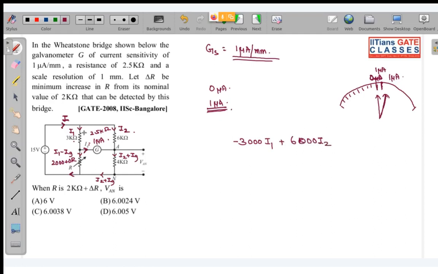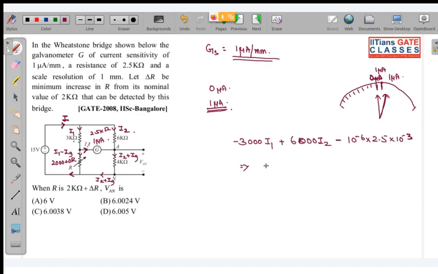And I am going opposite, so this will be minus 10 to the power minus 6 into 2.5 into 10 to the power minus 3. Okay, so what value do we get over here?